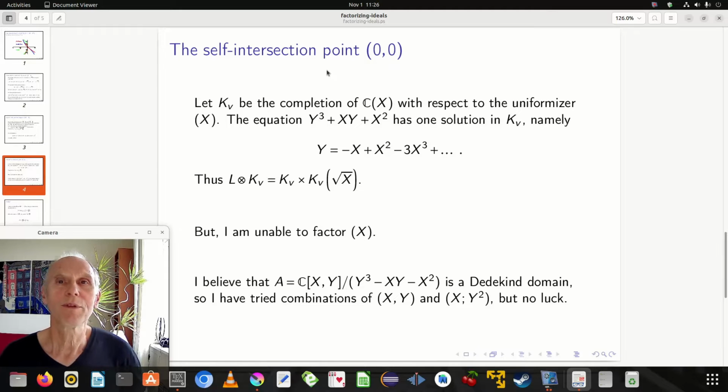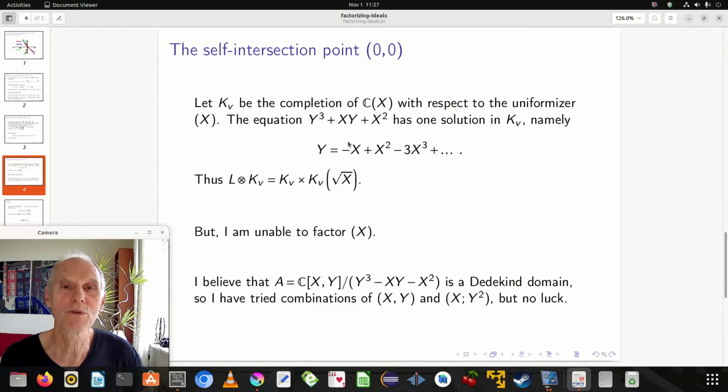Now came the thing that I really didn't understand, how to factorize this polynomial. And I thought that they would factor into these two ideals. So I tried this one squared times that one, this one squared times that one, to see if we had any luck.